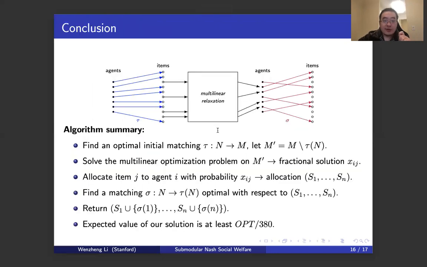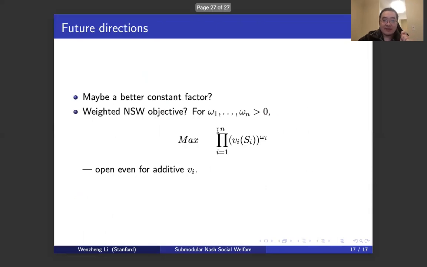Okay, so that's how we do it. Let me end with some open problems. The first one is quite straightforward. As I mentioned earlier, the current best ratio for the additive case is 1.45.